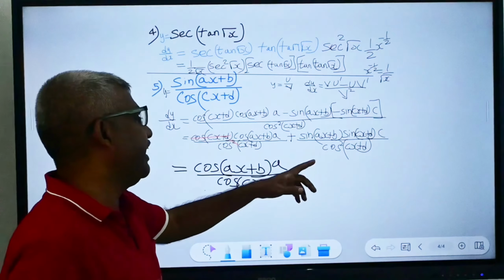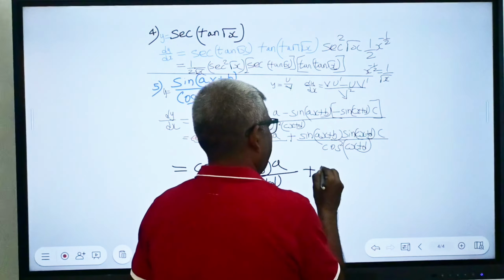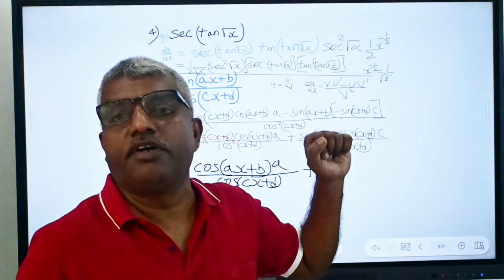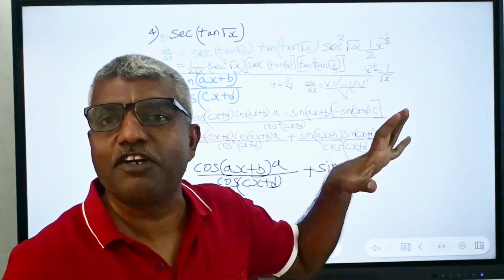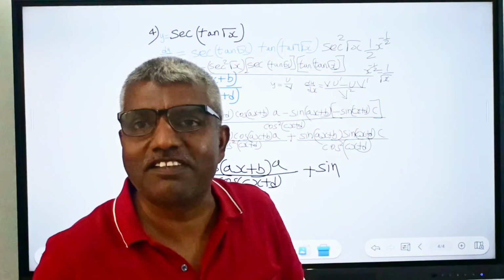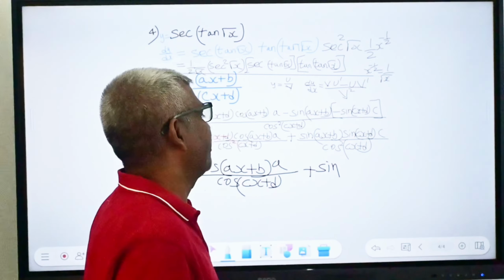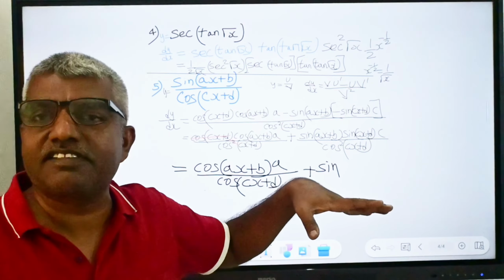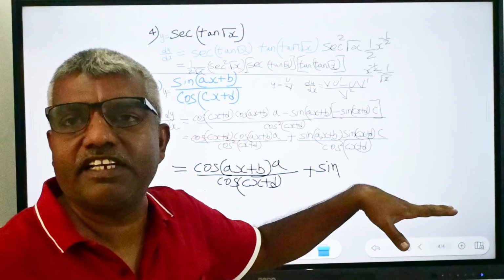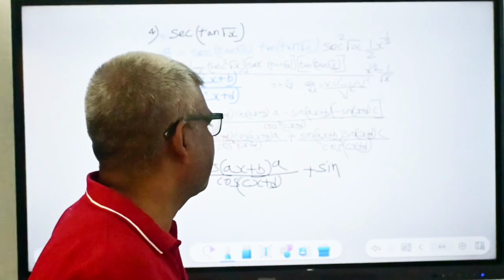Here sin ax plus b. Here there is no cos cx plus d in the numerator, but sin cx plus d is there. Then we can simplify. Sin x over cos x is tan x. Here sin cx plus d over cos cx plus d is tan cx plus d.